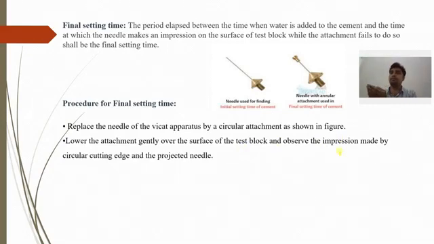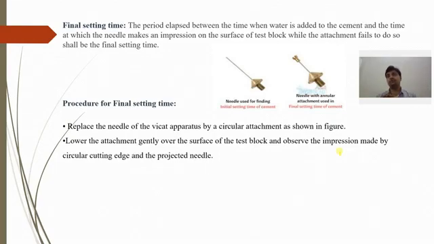When you prepare the cement paste in the Vicat mold and release the circular needle, in the starting period you will see that the impression is made, and after some time the paste will gain plasticity and we cannot impress the circular needle on this paste. This time will be noted as the final setting time.